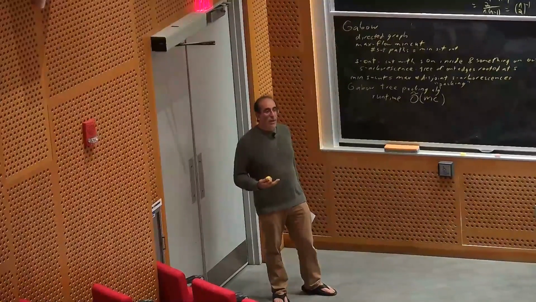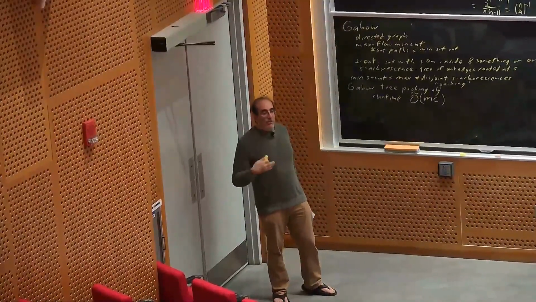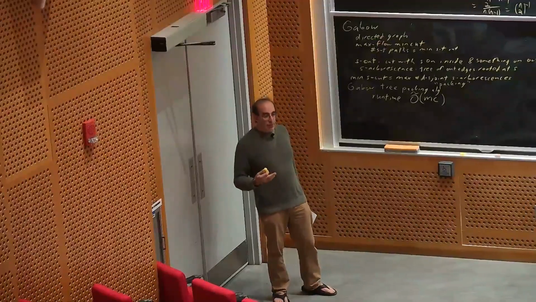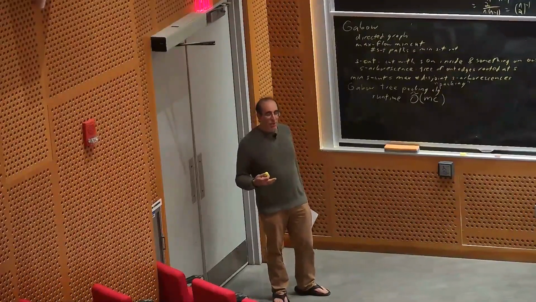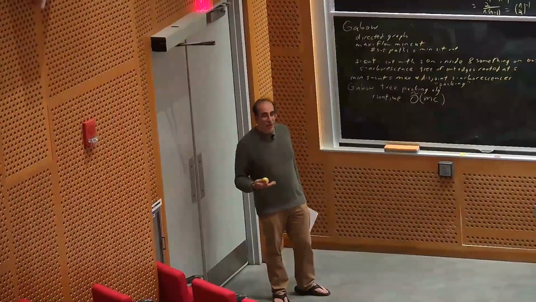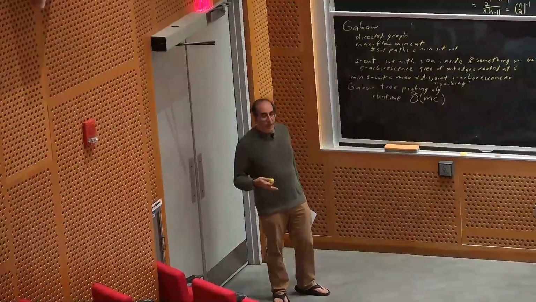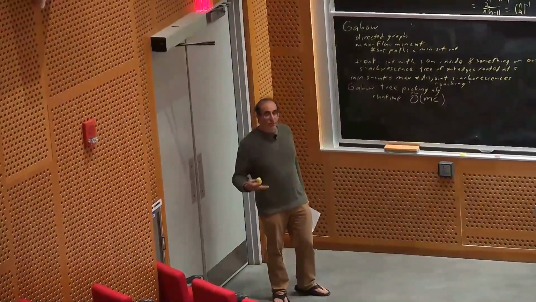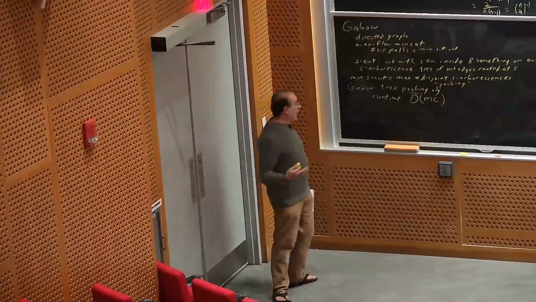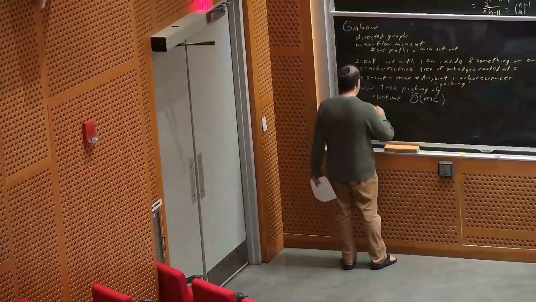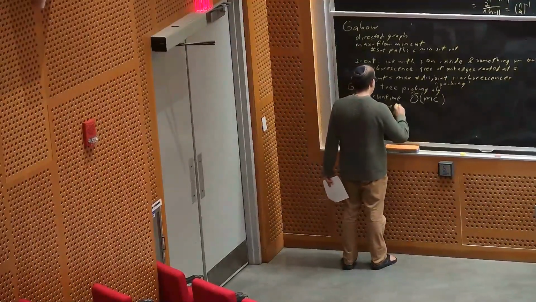If we're talking about an unweighted graph, each of the paths that you find is going to be 1 unit of flow. And so the number of augmentations that you need to perform is going to be equal to the value of the flow. And so the runtime is going to be m times the value of the flow. Well, Gabow's algorithm is exactly the same, except that it uses augmenting trees.